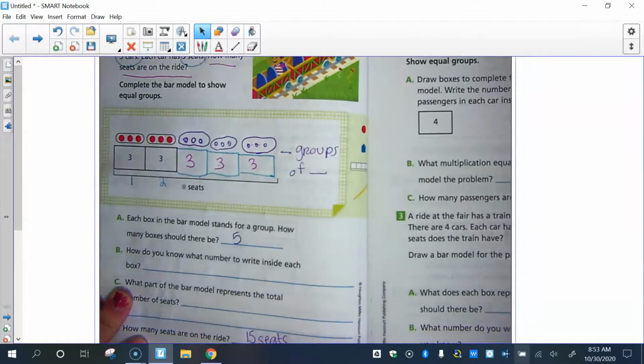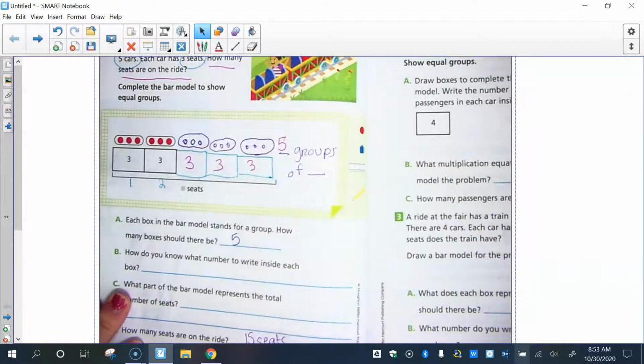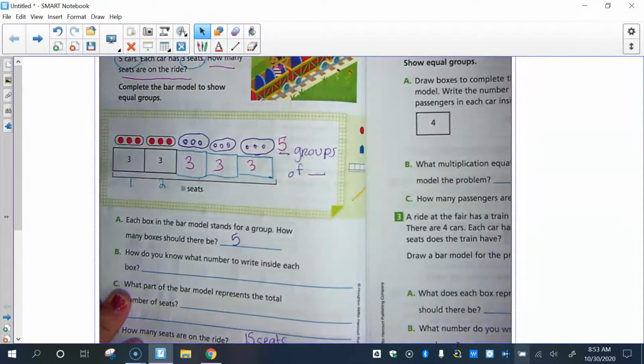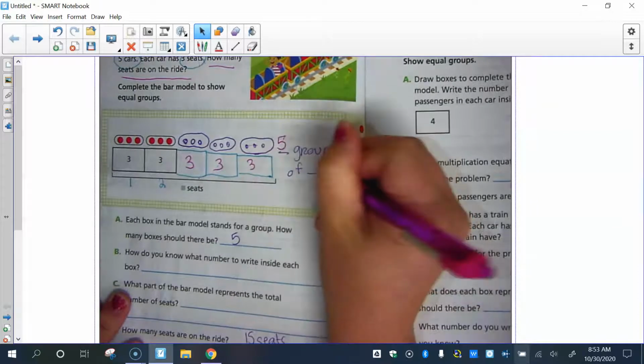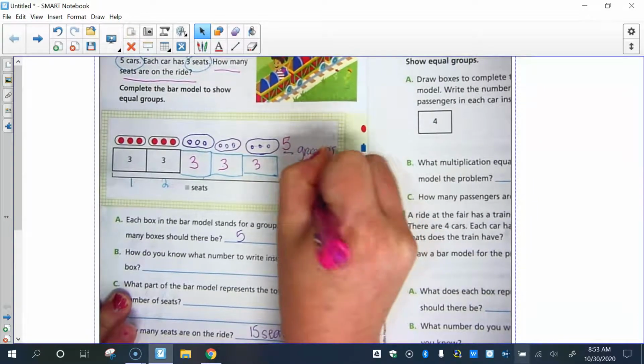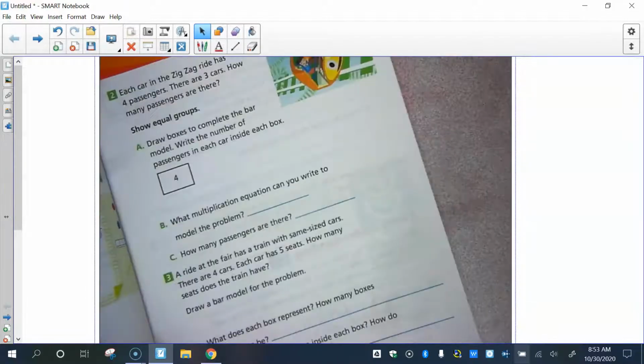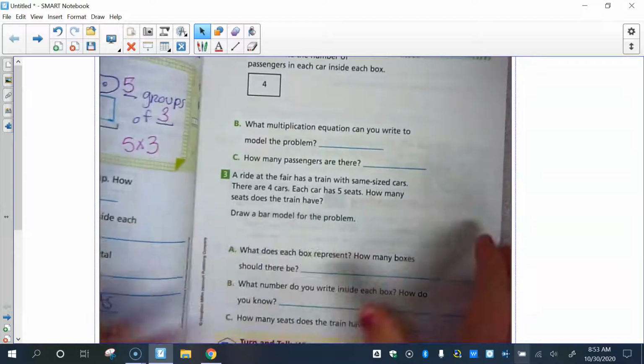So how many groups are there? How many cars are there? 5 cars. And how many seats are in each car? Each group has 3. So it would be 5 times 3. Good job.